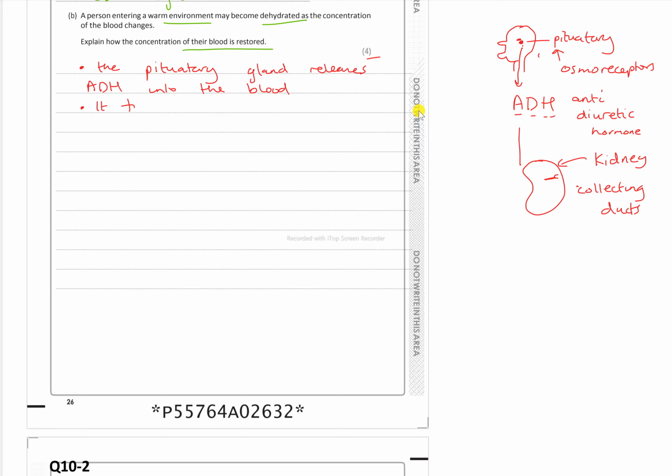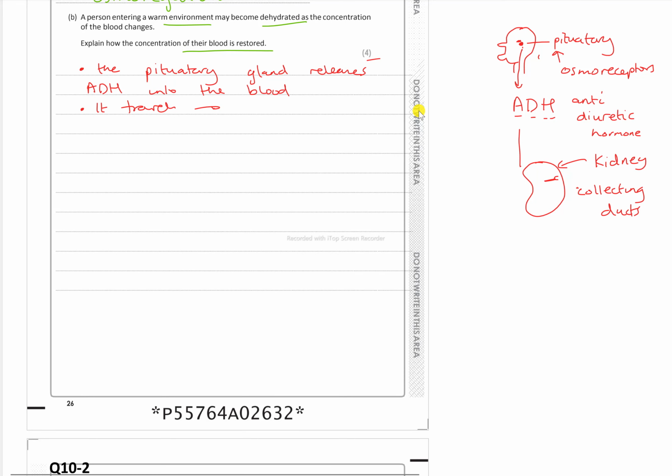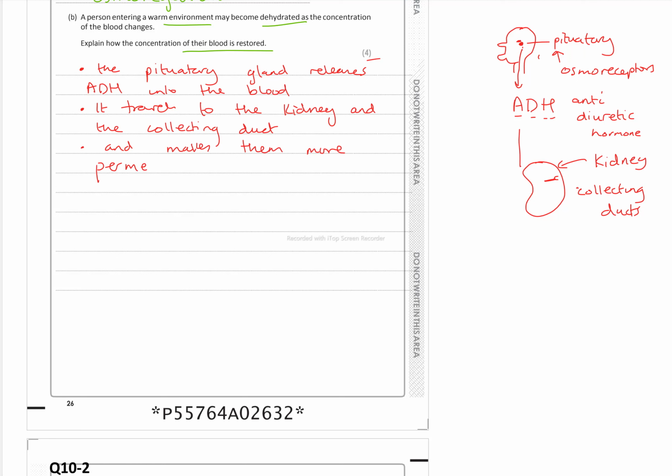Right, it travels to the kidneys and in particular the collecting duct and makes them more permeable.